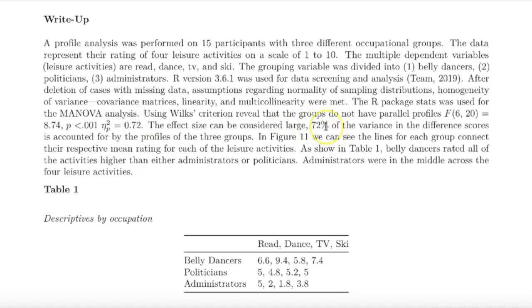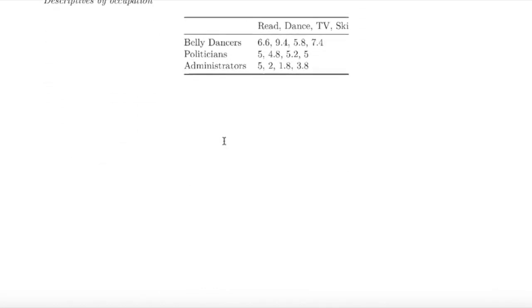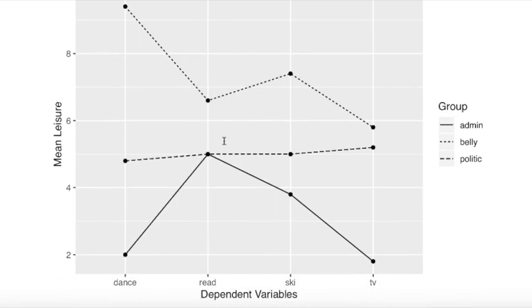So in this case, 72% of the variance is being accounted for by the profiles of the 3 groups. Nice. Figure 11, and I just call it 11 because I have a lot of figures, shows that the profiles are not parallel. And the significance that we found in that F value in the Wilks criterion also tells us there was a significant difference between the 3 occupations.